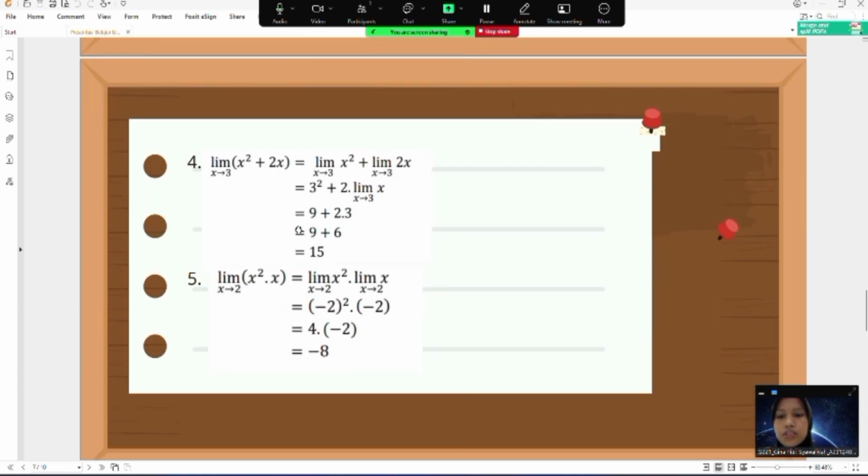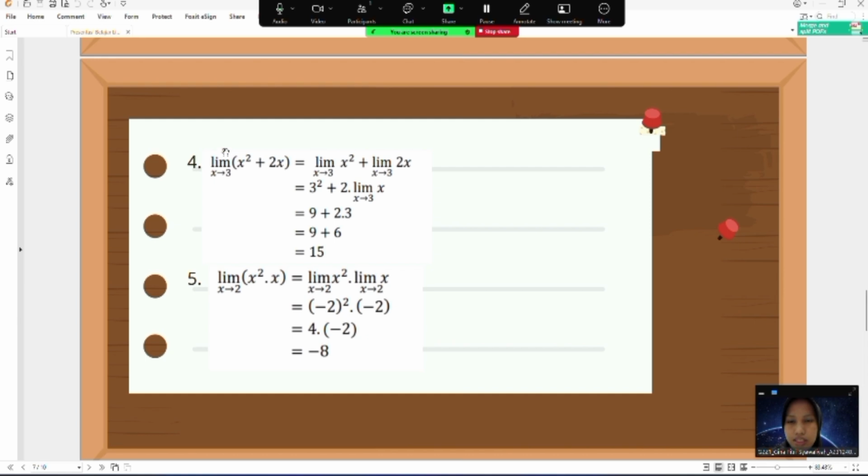Next examples, number 4. The limit as x approaches 3 for x squared plus 2x equals the limit as x approaches 3 for x squared plus the limit as x approaches 3 for 2x.